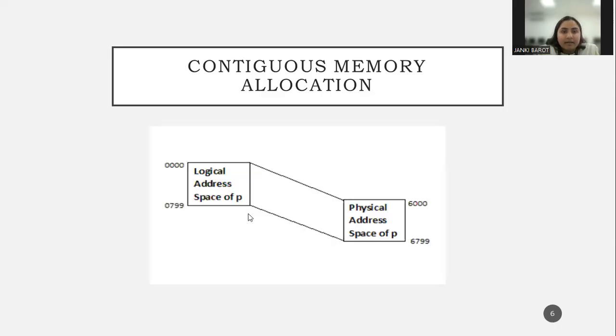Let us see this diagram. Here we see the logical address space of the process and the physical address space of the process. Here it is mentioned base address up to the maximum size of address. Here also we can see base address to the maximum size of that physical address.